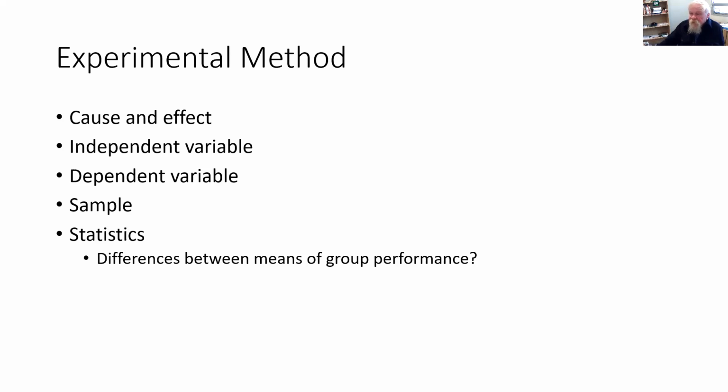Maybe we don't have enough money to give to a big number of people, but maybe we can pay 100 people at the school or work environment maybe $10 each. So we can use $1,000 to run 100 people in a study.